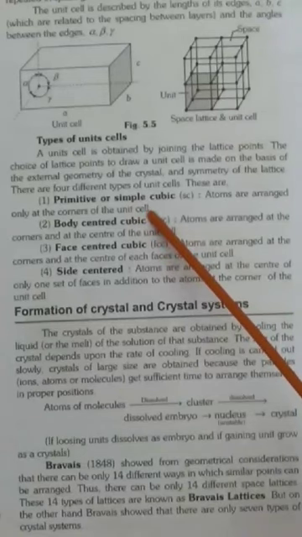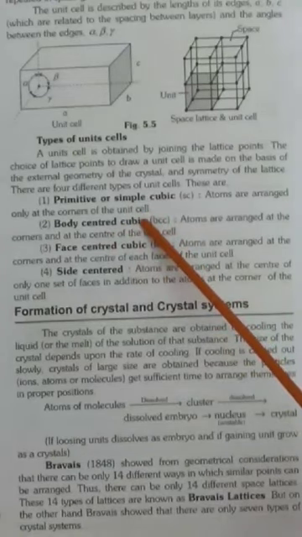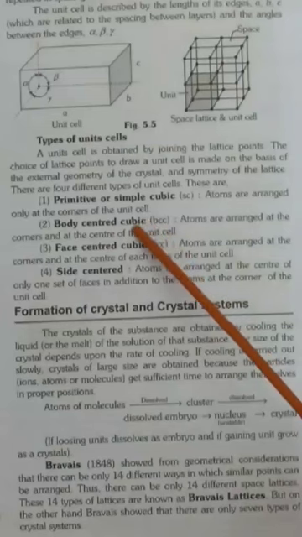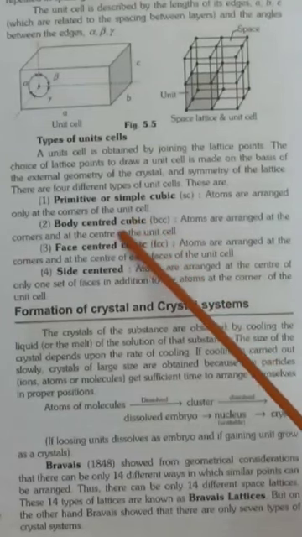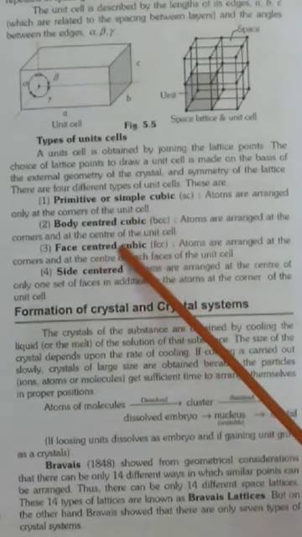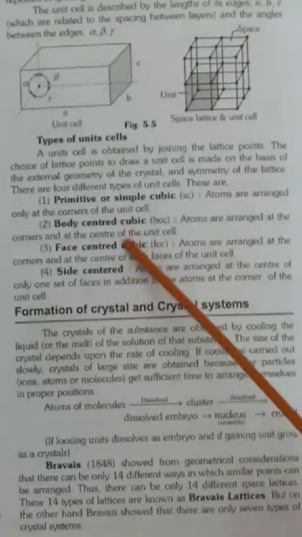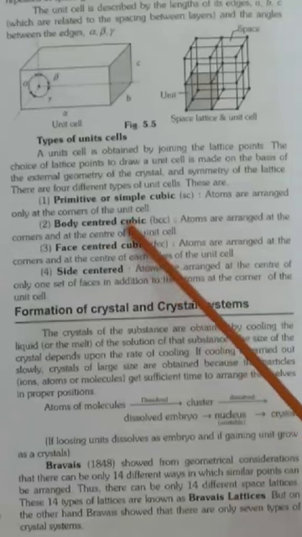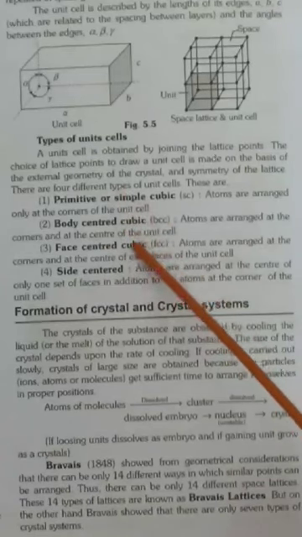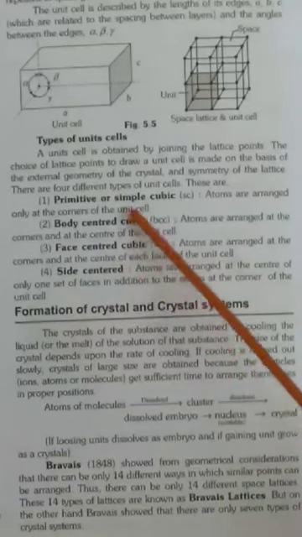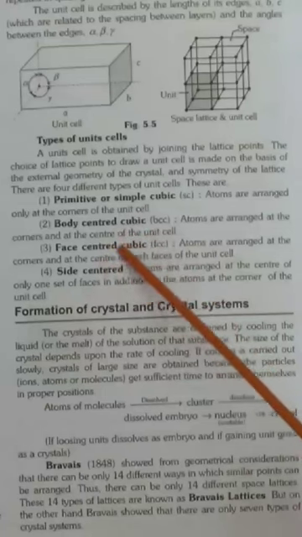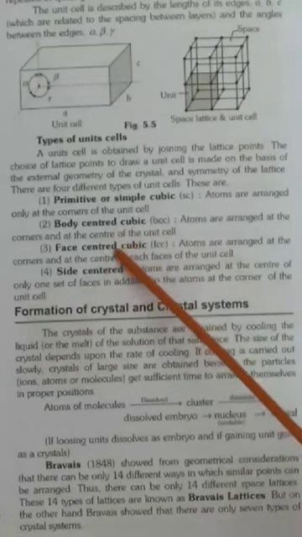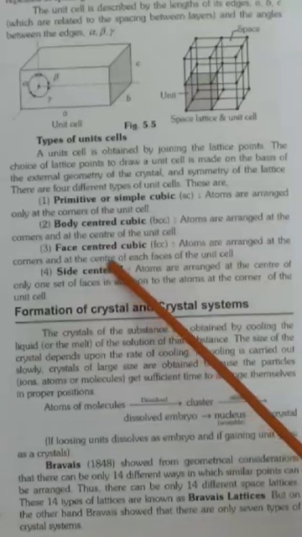Such unit cells are called primitive unit cells. Next, there are 3 types of non-primitive unit cells. Here, the atoms or the particles are present at the corners as well as other parts of the unit cell. Such unit cells are called non-primitive unit cells.